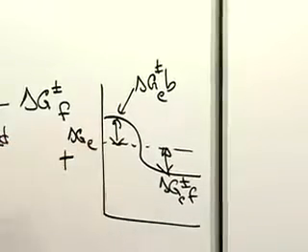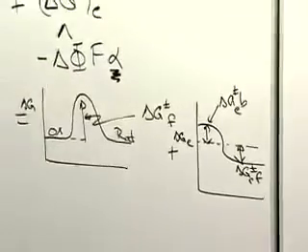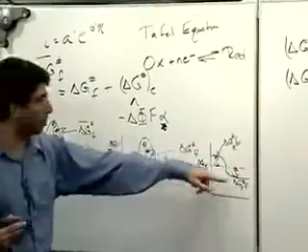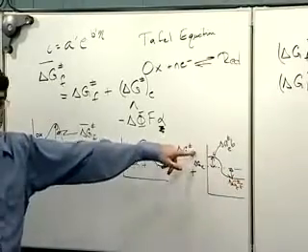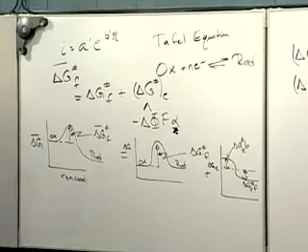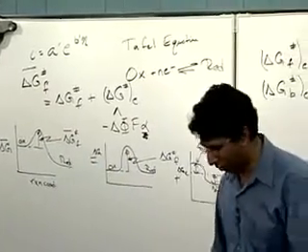Okay, so I'm saying if you add those two together, you're going to get this. So I can take a reaction that doesn't have any chemical potential to drive it, and I can couple in the potential of the electrode to give me a reaction that goes in the desired direction. Okay, that's the picture. Now, how do we actually do this?